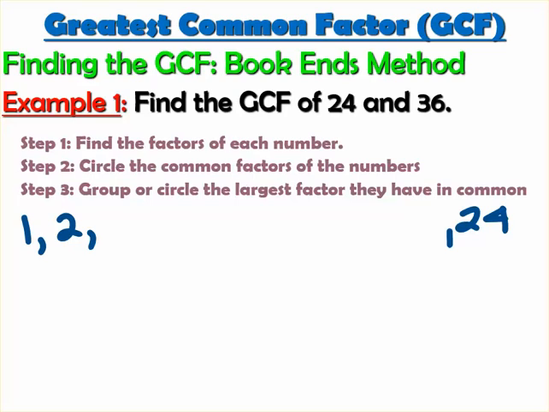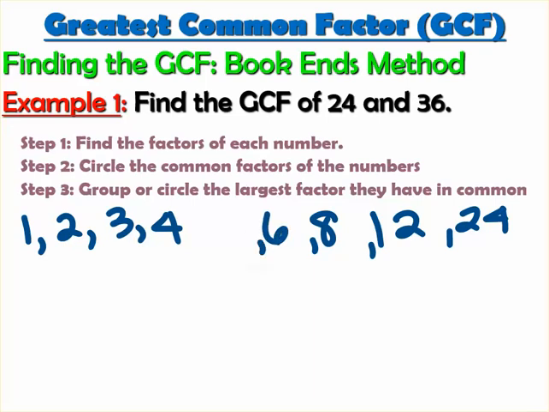Well, 24 divided by 2 is 12. 3. 24 divided by 3, that does work. 3 times 8 is 24. 4. Yep, 4 times 6 is 24. 5 does not work. And then I already used 6. So those are my factors of 24.